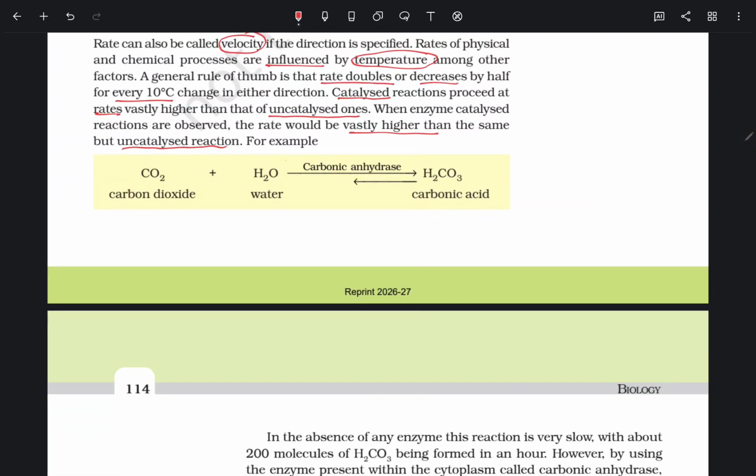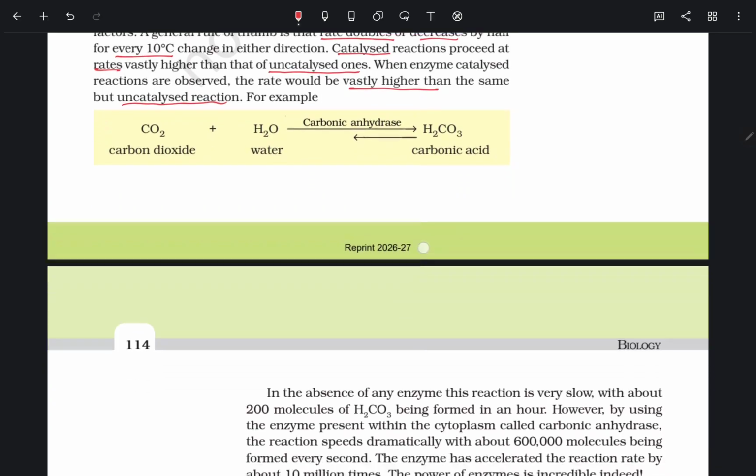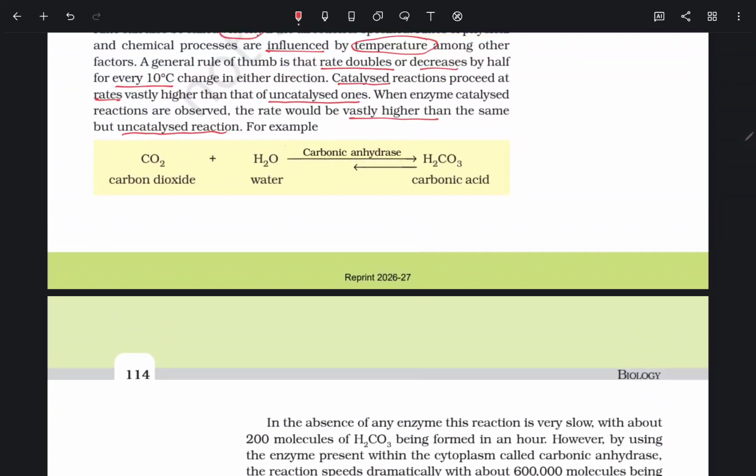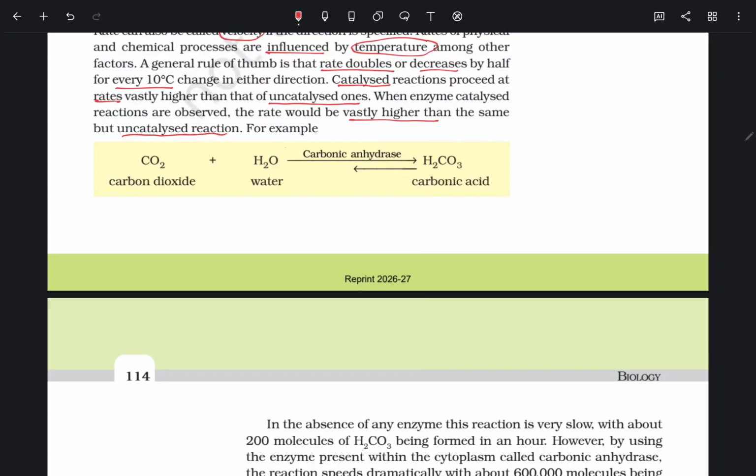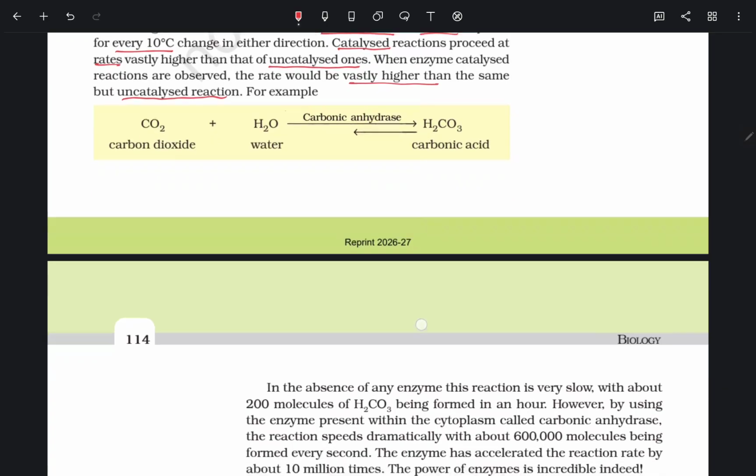For example, carbon dioxide plus water gives rise to carbonic acid, H2CO3, in the presence of carbonic anhydrase, and the reaction is reversible. Carbonic acid reverses to give carbon dioxide and water.